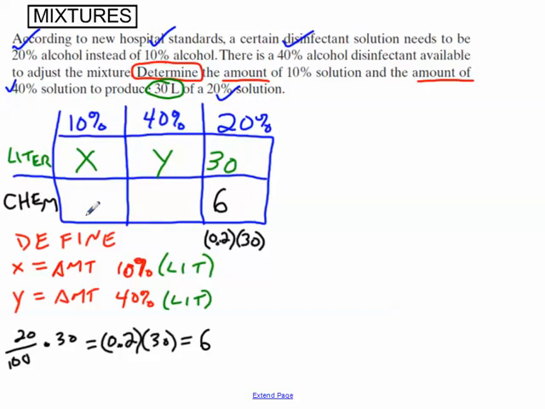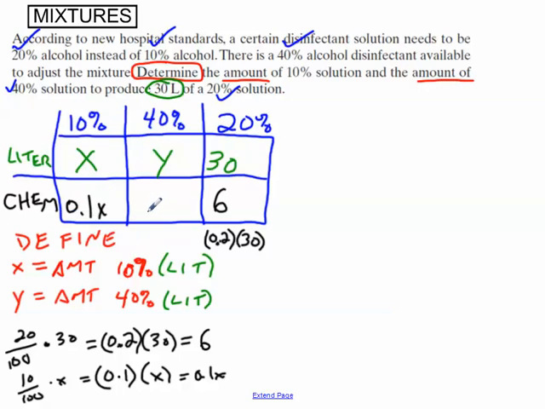So by the same token, what goes over here? It would be 10% of x liters. Well, by the same idea, 10% times x liters is 0.1 times x liters, which equals 0.1x. And that's what goes up here, 0.1x.